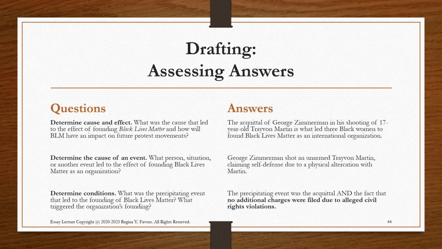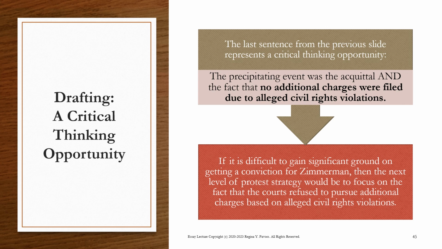The precipitating event was the acquittal and the fact that no additional charges were filed due to alleged civil rights violations. So those are your conditions surrounding the founding of Black Lives Matter. That's your cause of an event, and then cause effect surrounding the founding of Black Lives Matter.